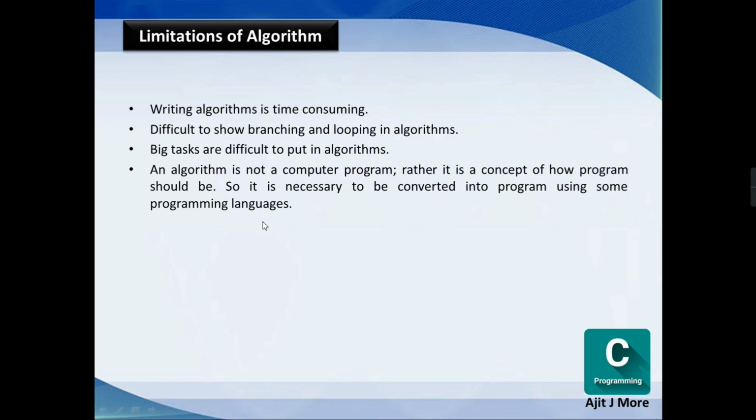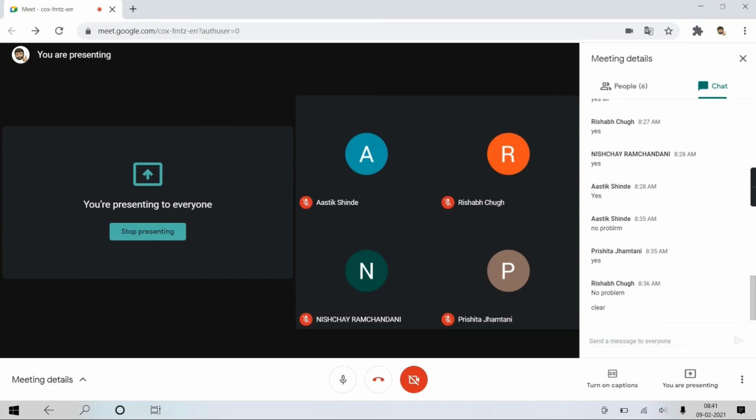So you have to study that programming language. You have to select a language of your choice, study it, and then convert all these algorithms which you have written into programs using that language. So that is the main problem. Okay, so till here I hope you understood the concept.